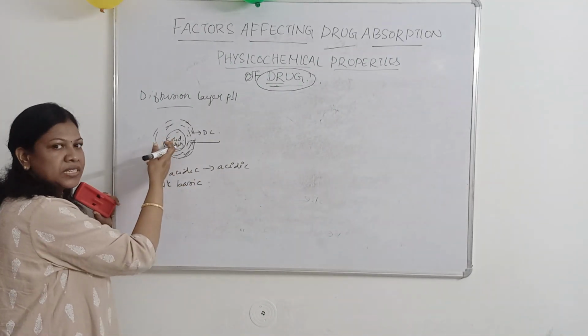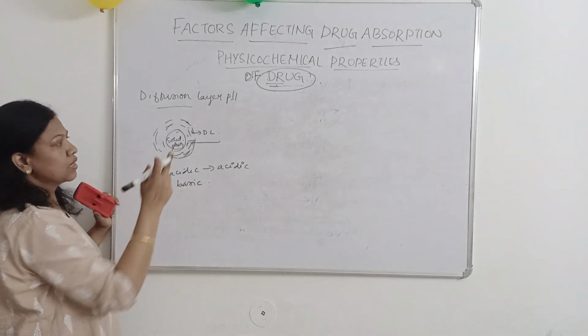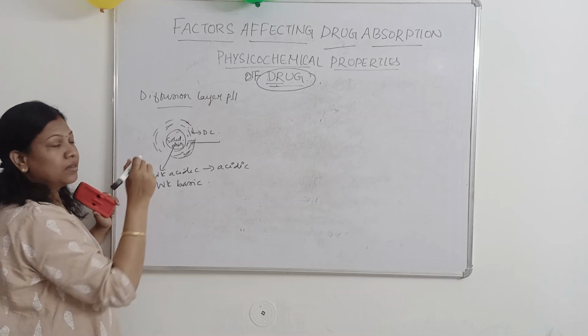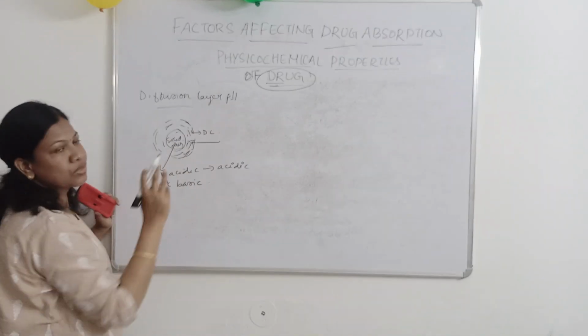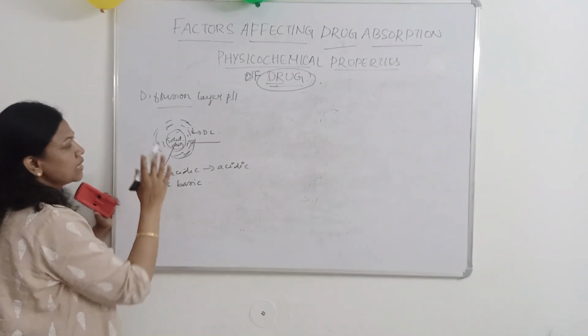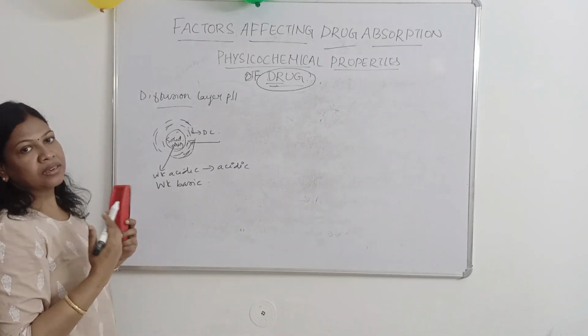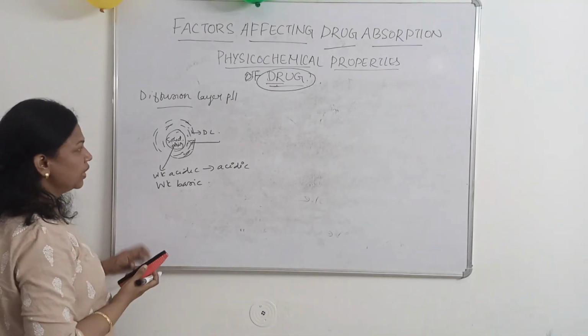And if the drug is basic, the diffusion layer's pH will also be basic in nature. So an acidic drug, when it diffuses through this acidic diffusion layer, will be unionized, so dissolution will be less. Whereas in the case of a basic drug, again a basic diffusion layer, again unionization will be there, and dissolution will also be less.